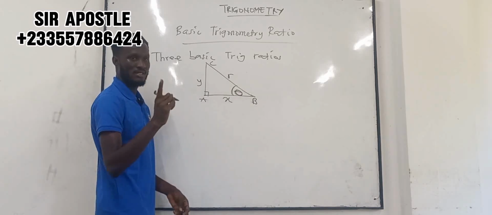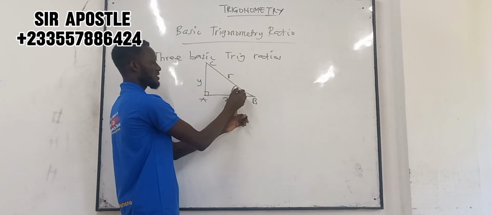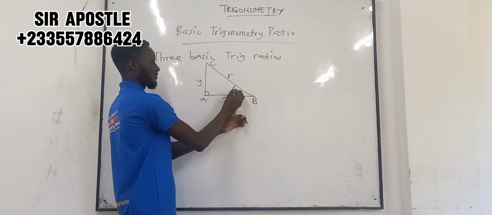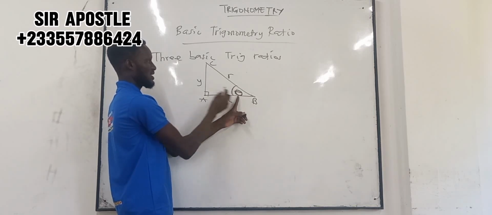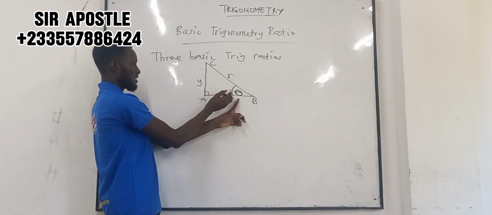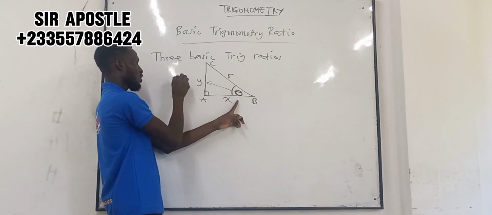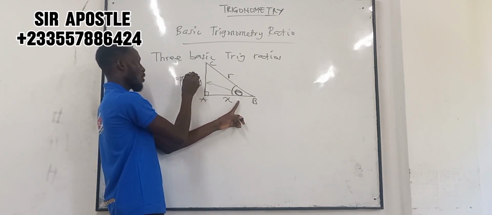As we explained in our previous video, when we consider the angle theta here, this angle is facing this particular side. Since it is facing this side, here becomes the opposite. It is the side opposite to the angle.